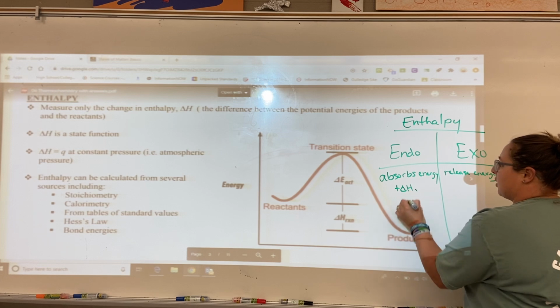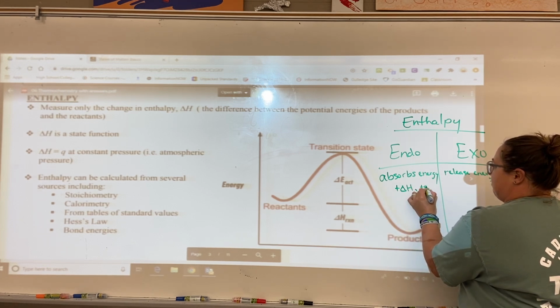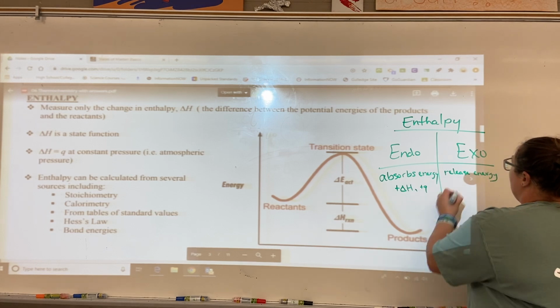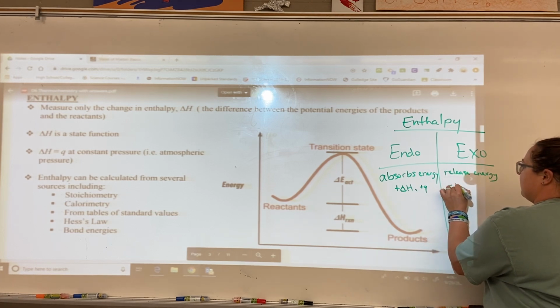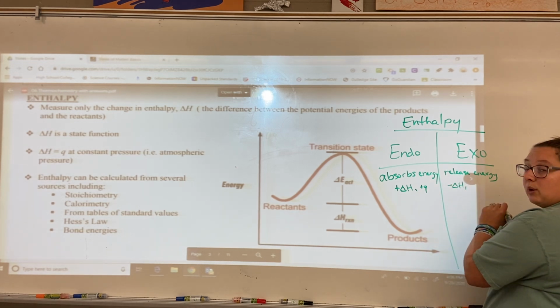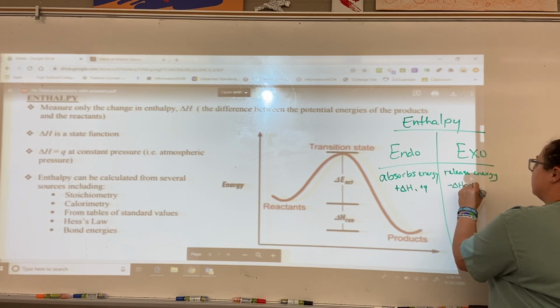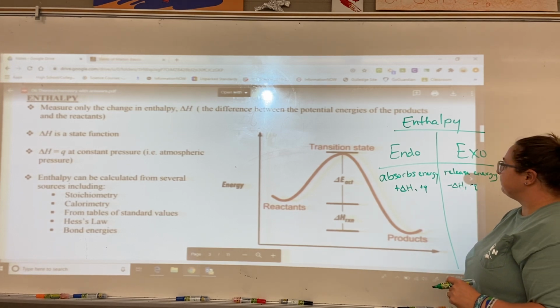If we were to work with just energy in the form of heat, then we would also get a positive Q rating. Exothermic reactions give a sign convention of negative delta H, and if we were just working with Q, which is our heat, then that would be a negative Q quantity.